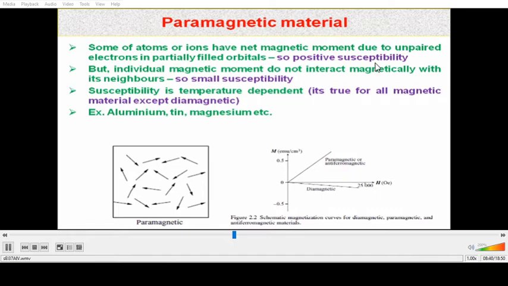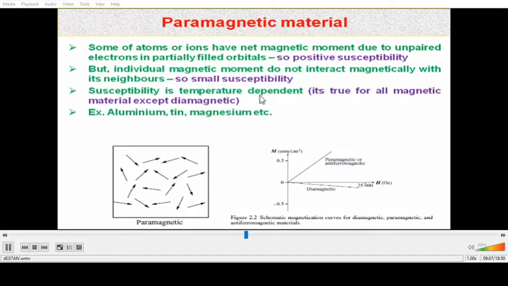If the interaction is large, the magnitude of susceptibility is large. In a paramagnetic substance, individual magnetic moments do not interact magnetically with their neighbors. So it possesses a small positive susceptibility.